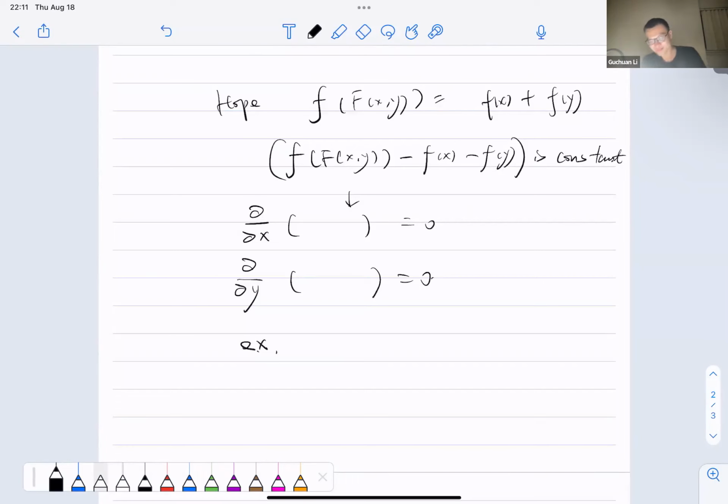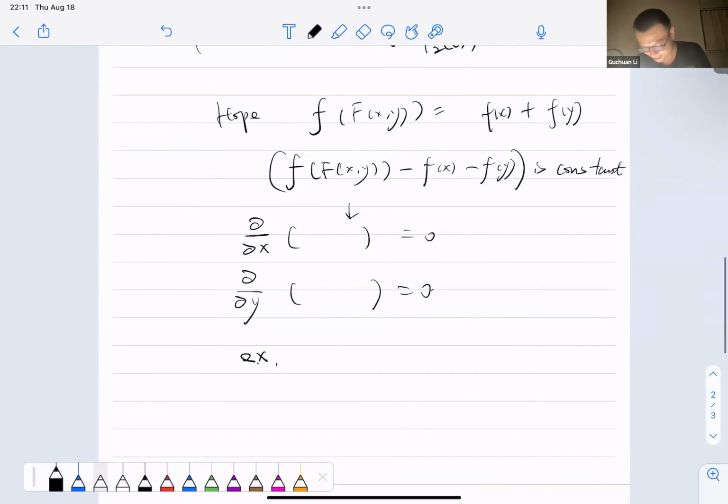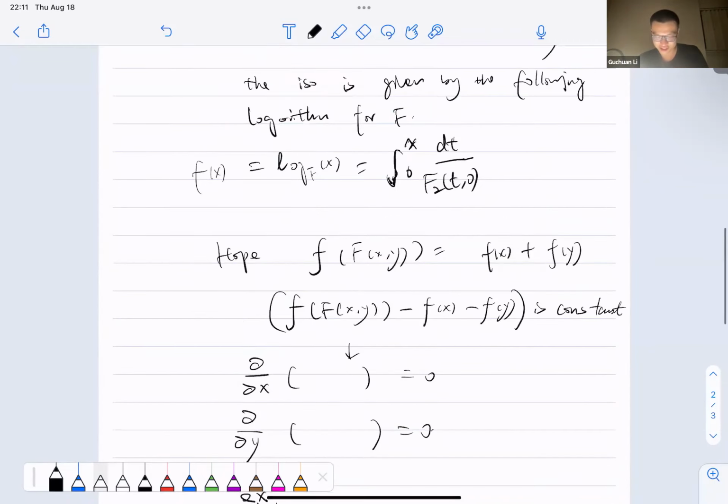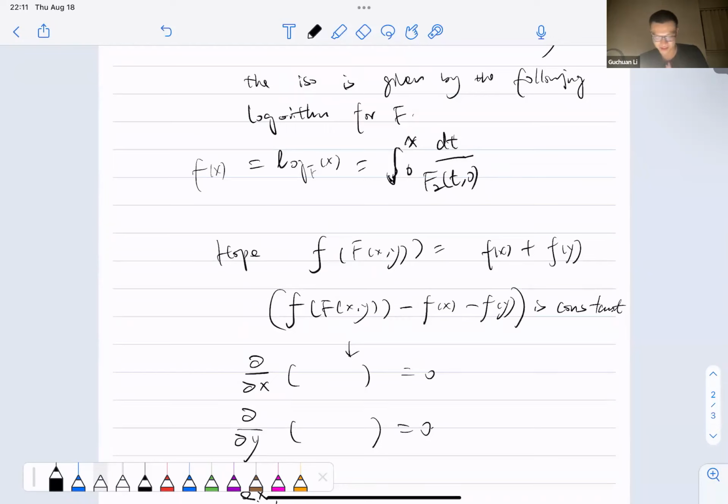If you want to try something fun, check the partial derivatives of the function I defined above, and you will see the partial derivatives in both variables are 0, so it's a constant. Because all the functions are defined without a constant term, it's actually constant 0. So the identity holds, and that's how you produce the additive one.